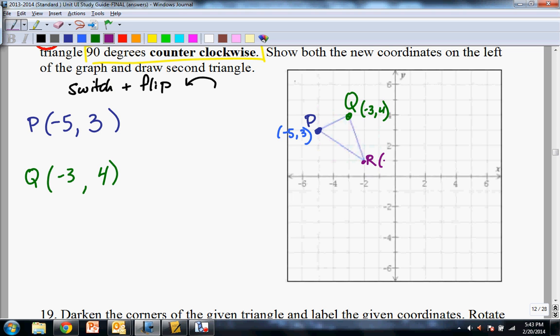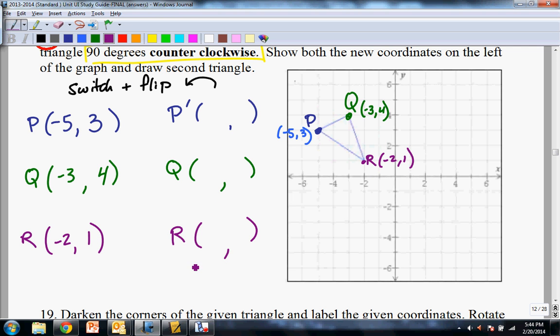And our R coordinate is going to be negative 2, positive 1. And our job is to rotate this 90 degrees, all 3 coordinates.